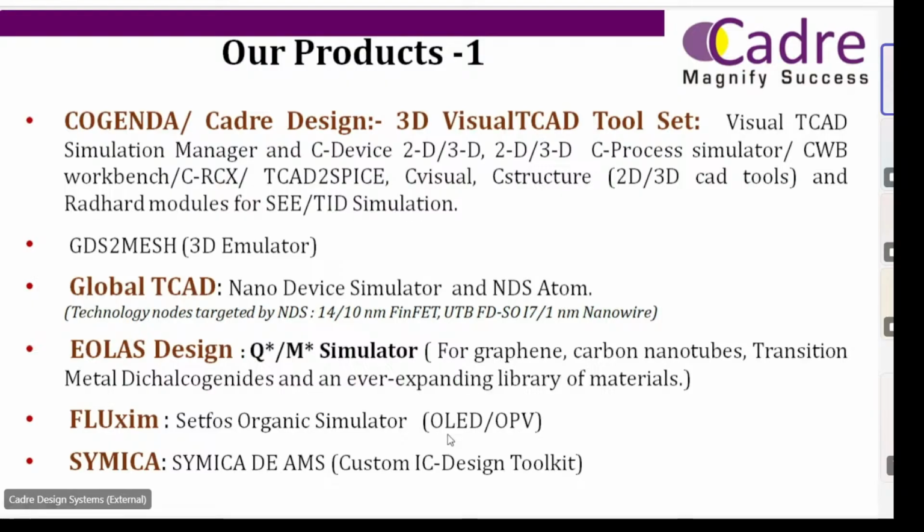For custom IC design, we have an environment named Simica. This is an AMS toolkit. It is very similar to the Cadence Virtuoso environment. So the look and feel, shortcuts, everything is supported from Cadence. Even the PDK, the same PDK you are able to import here.